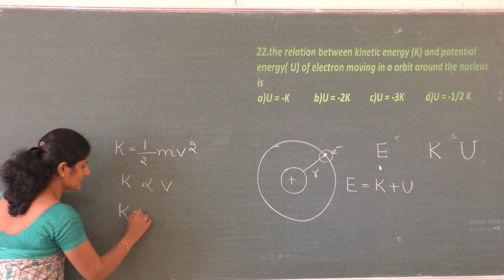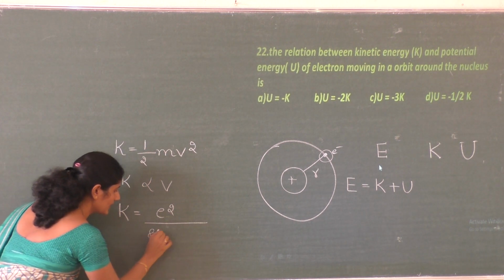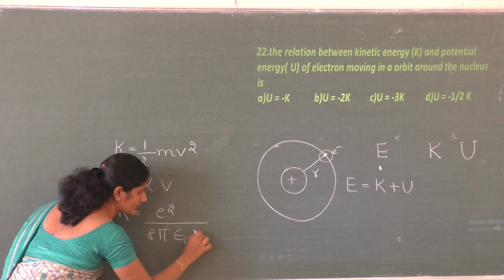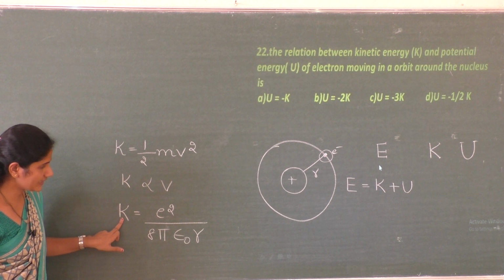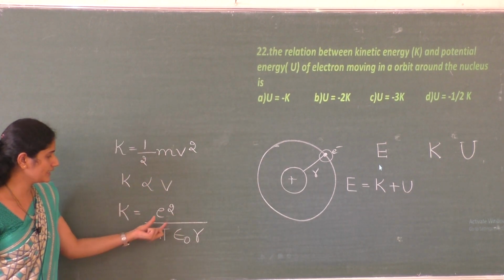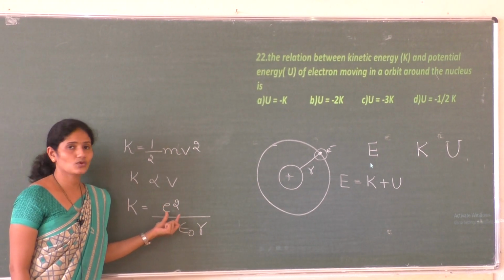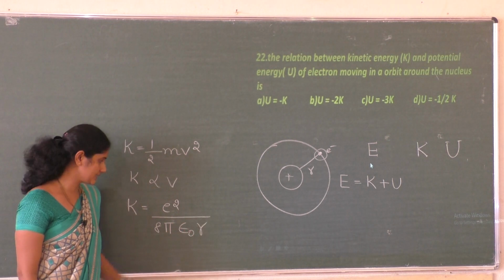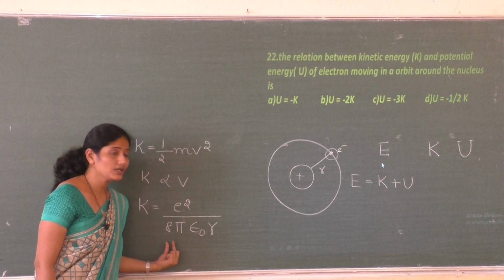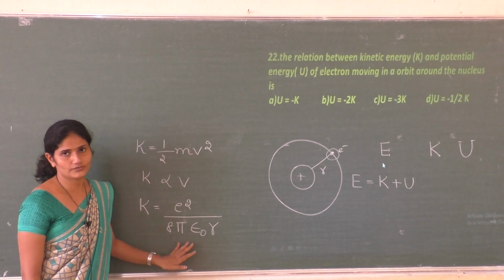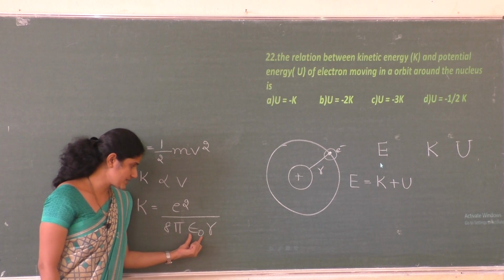The kinetic energy K is equal to e square divided by 8 pi epsilon naught into R, where e is the charge of the electron, 1.6 into 10 to the power minus 19. 8, pi and epsilon naught are constants: pi is 3.14 and epsilon naught is the permittivity of free space.